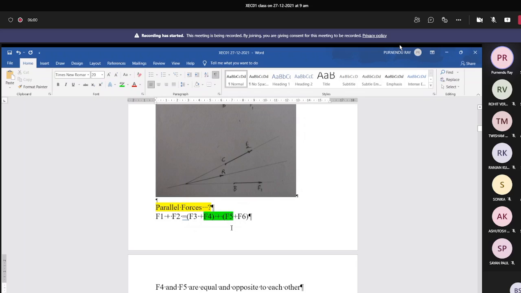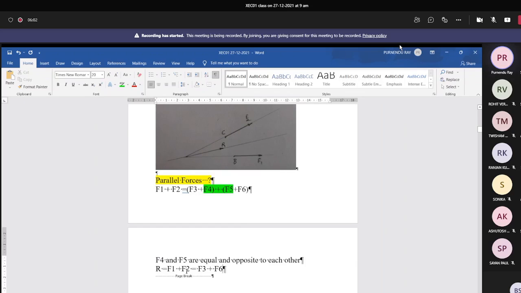Okay. Now what do we get from this? Resolving the forces F1 and F2, we get these two forces, the resultant force R corresponding to the two parallel forces F1 and F2 is F3 plus F6. Now are these forces F3 and F6 parallel to each other?